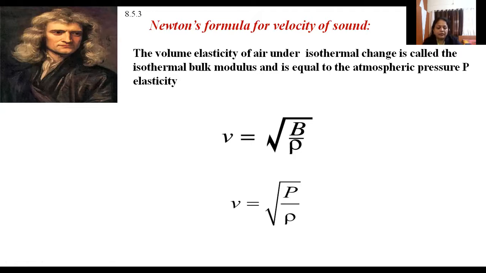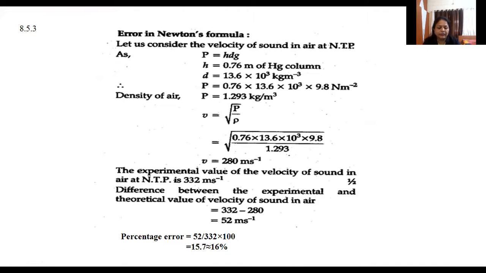If we put the values of P and rho, then we get some value of the speed of sound, as P is the atmospheric pressure and is given by P is equal to hdg.